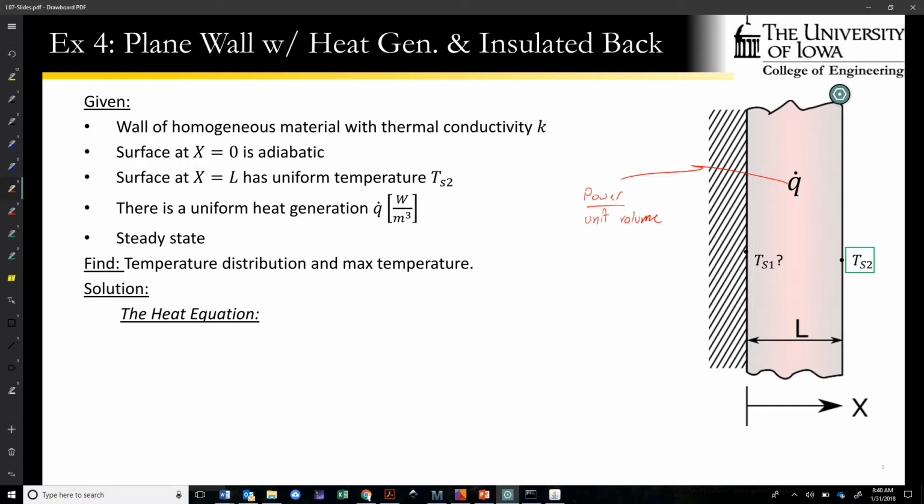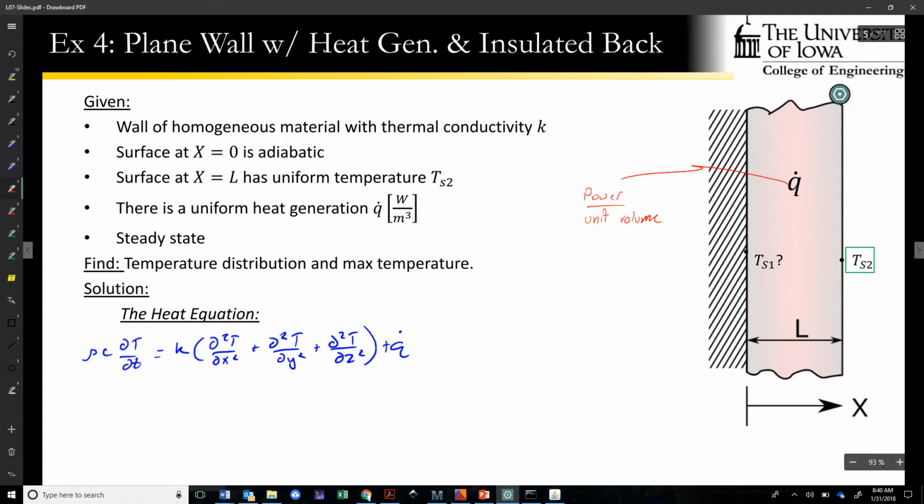So if we write out our heat equation in Cartesian coordinates, we end up with rho C dT/dt equal to k times the second derivatives with respect to x, y, and z, plus Q dot. Going through our list of assumptions, we're assuming that this is a one-dimensional problem, as before.